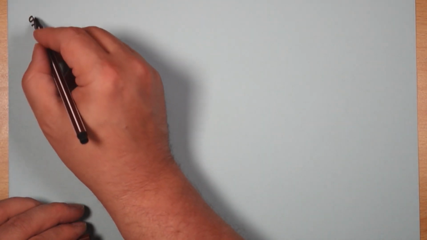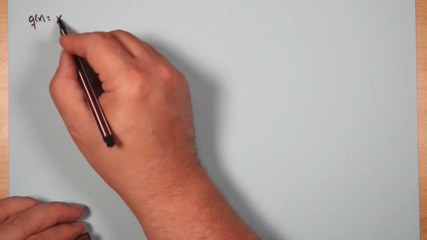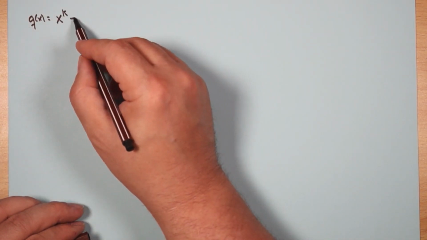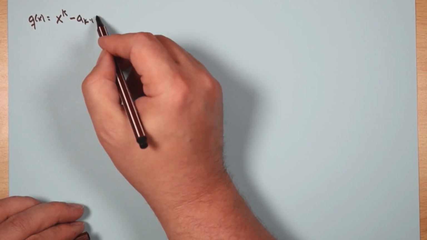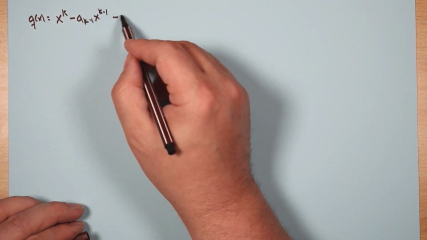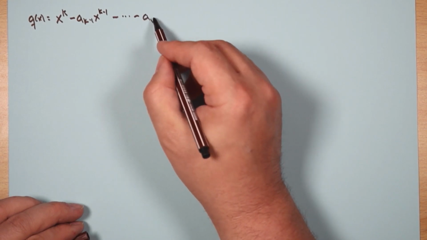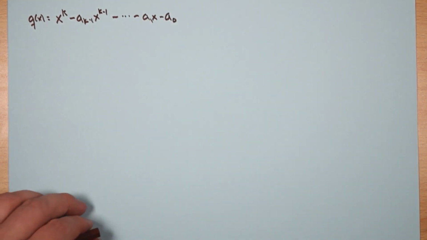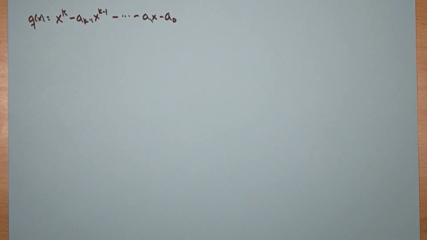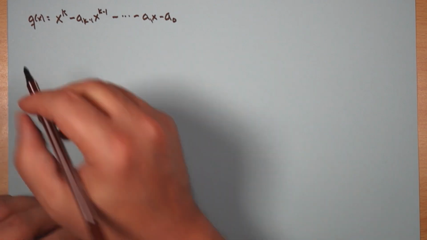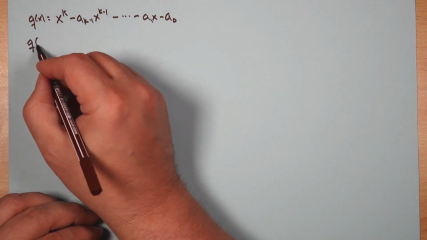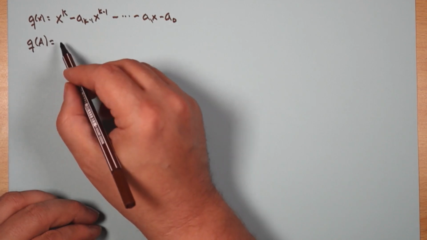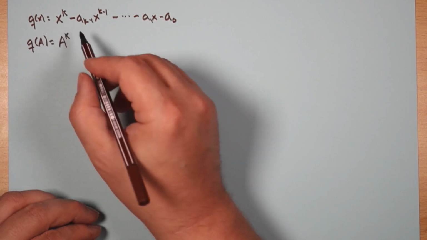And so what we have is that q of x looks like x to the k minus, we'll say a sub k minus 1, x to the k minus 1, and all the way down to minus a1 x minus a0. Now, remember, what does our polynomial do? Well, the minimal polynomial by definition says that q of A, well, you can plug in and you'll get the zero matrix. So we plug it in.